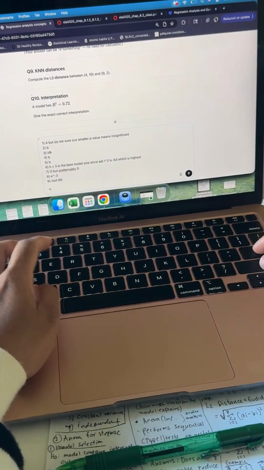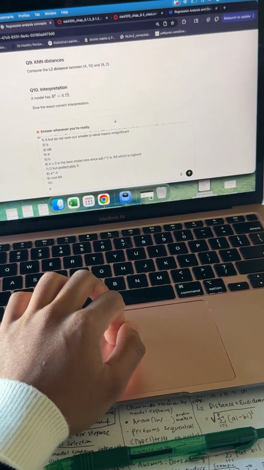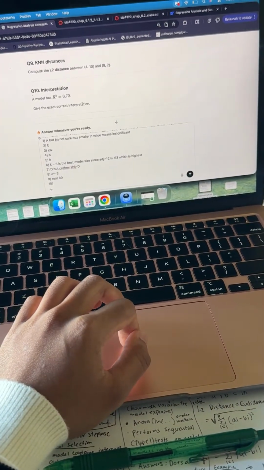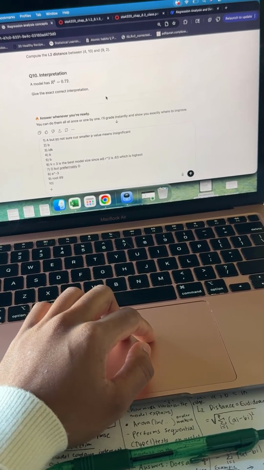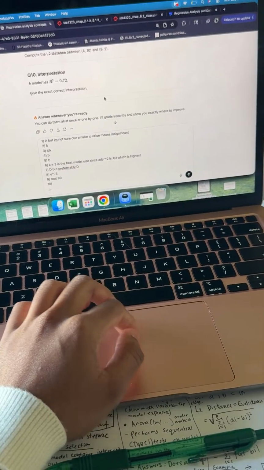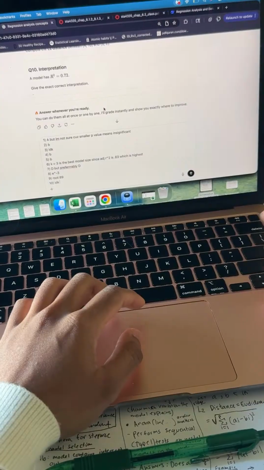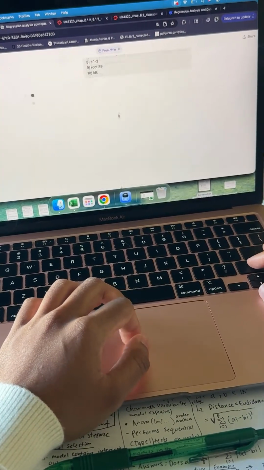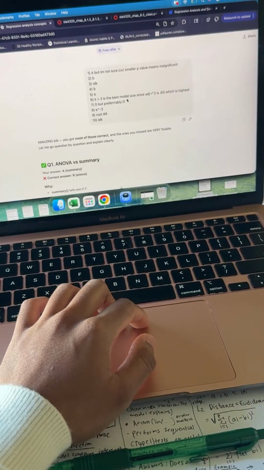I probably did that wrong. I'm not good at mental math. So a model has R-squared equals 0.72. Give the exact correct interpretation. What? Interpretation? I don't know. How do you interpret that?